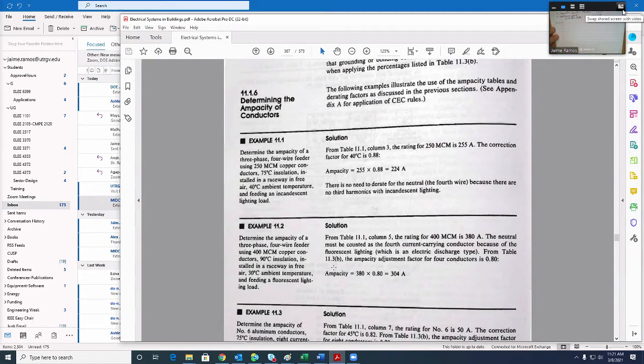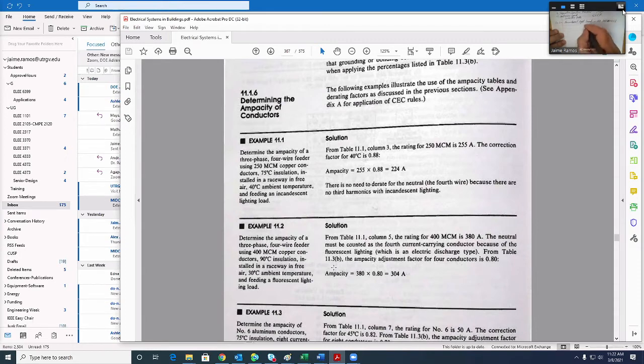So we have three-phase, four wire, okay, 250 kcm, that M is for 1000, 75 degrees insulation, 3A, 40-degree temperature, feeding an incandescent lighting load. So this one, no harmonics, okay?